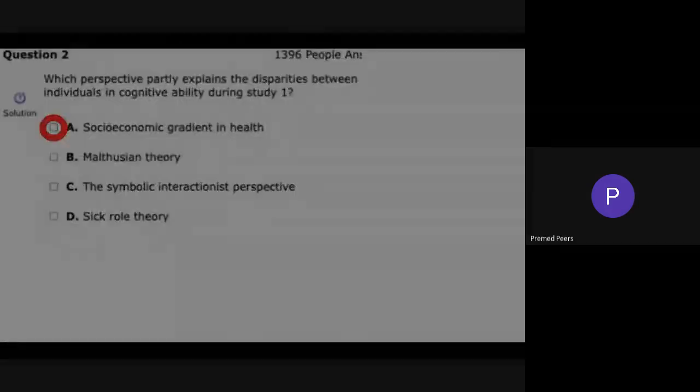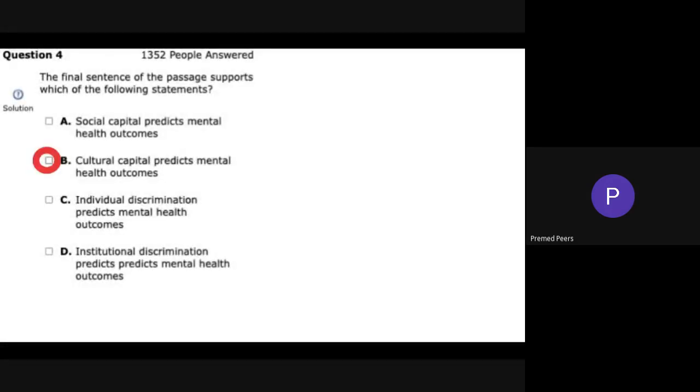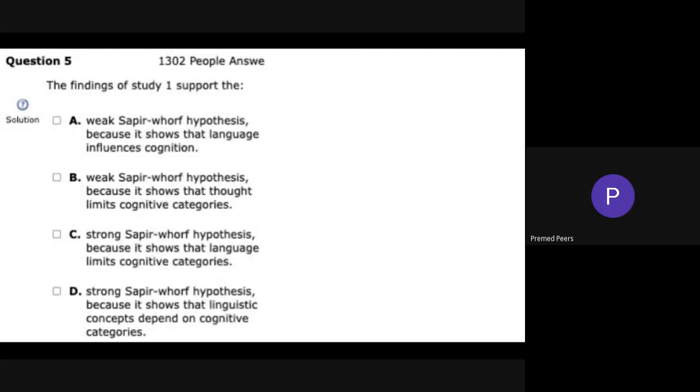So study one is talking about how bilingualism affects cognitive decline, and the conclusion is that monolingual people had greater rates of cognitive decline. And it's saying bilingualism modulates cognitive ability. So those are the two conclusions. So which one would that go with? Do you have a guess for this one?